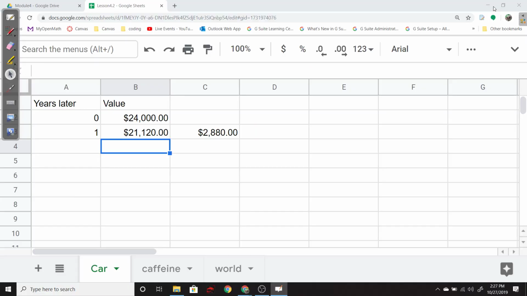So let's ask our calculator what it thinks. And let's put that over here. 1 year again equals that 24,000 times 88%. And there's that same $21,120. And if that repeats over time, we're just going to keep multiplying by that 88%.